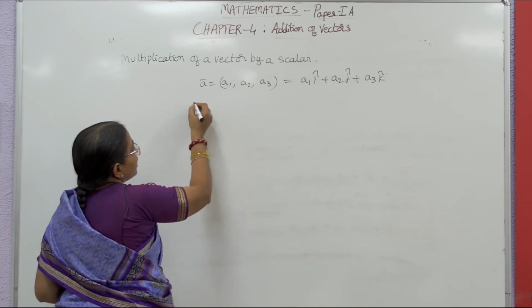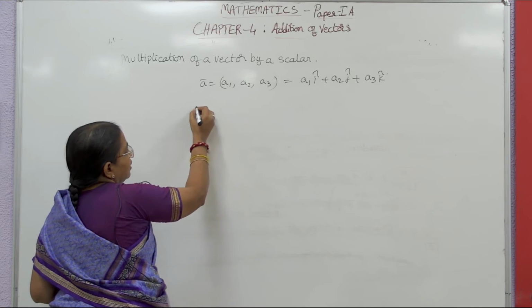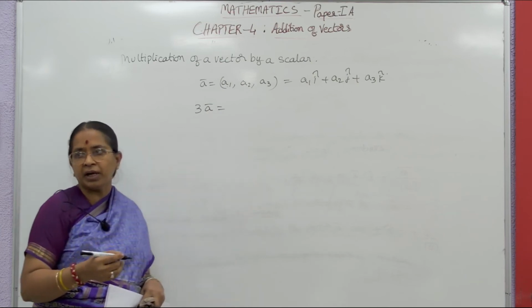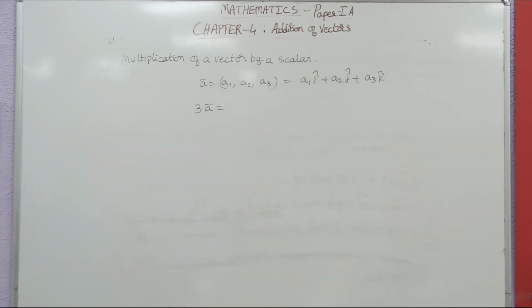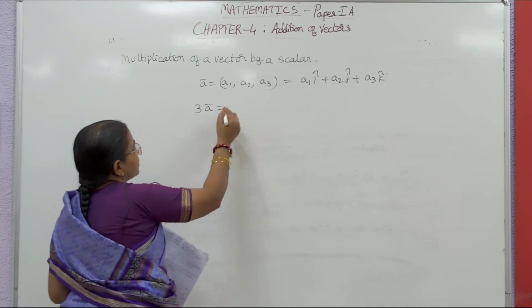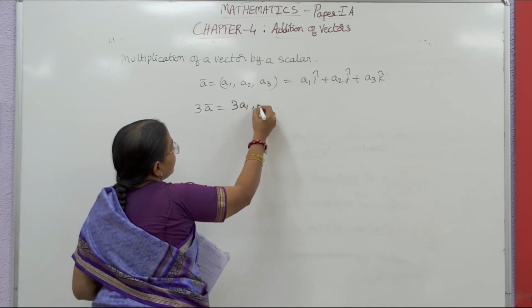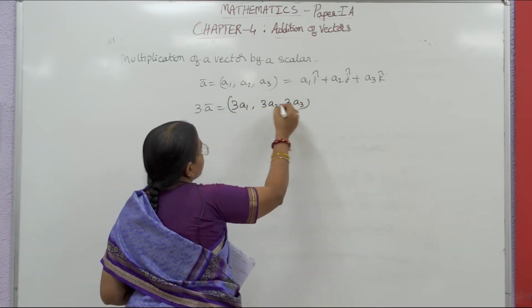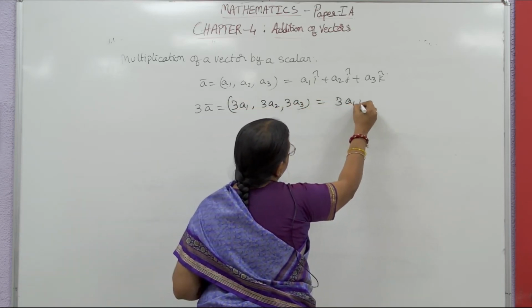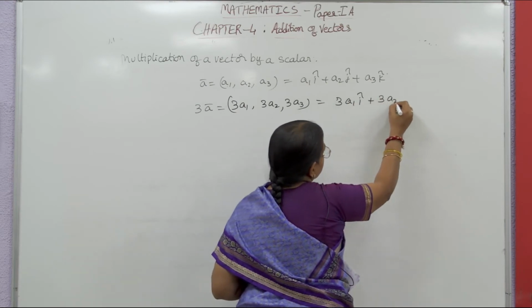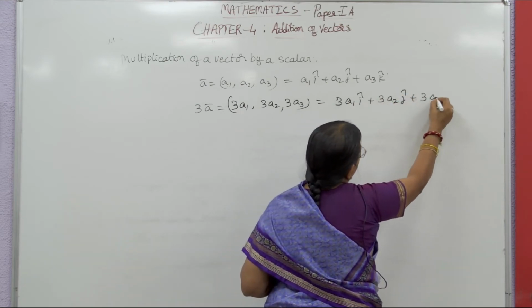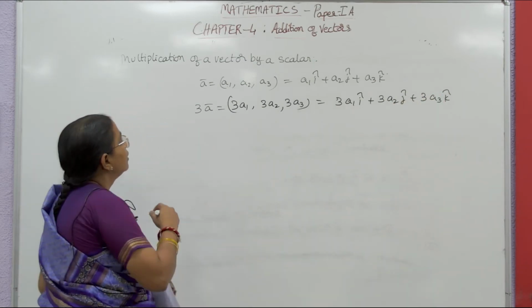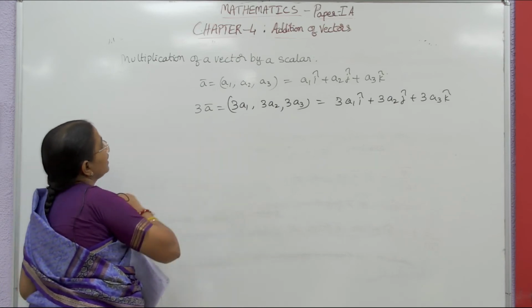Now suppose I have to multiply this by some number, say 3A. Then I should multiply each element by 3. That means it is (3a1, 3a2, 3a3). In terms of i, j, k, it will be 3a1i plus 3a2j plus 3a3k. So like this, we multiply a vector by a scalar. A scalar is a real number for us.